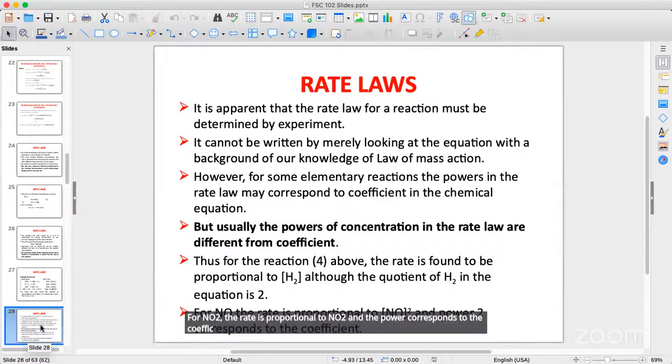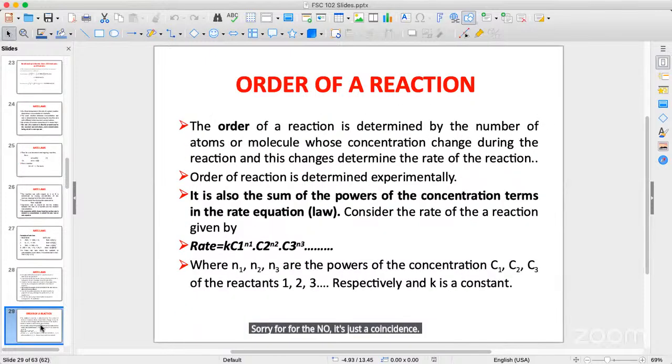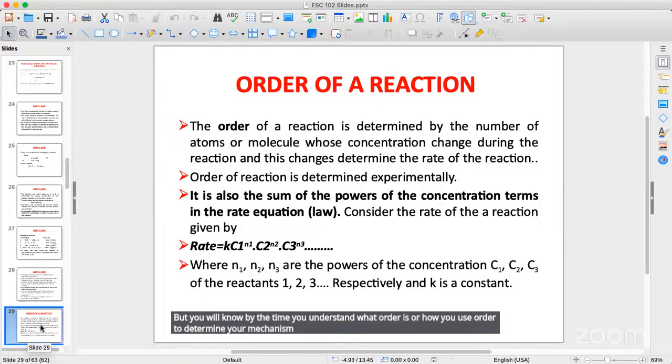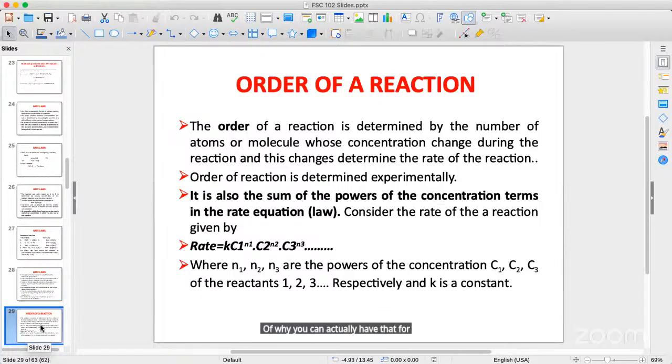In this case, for NO, it's just a coincidence. The concepts are different. But by the time you understand what order is, and how you use order to determine your mechanism, you will get a very clear picture of why you can have such a coincidence for NO, nitrogen oxide.